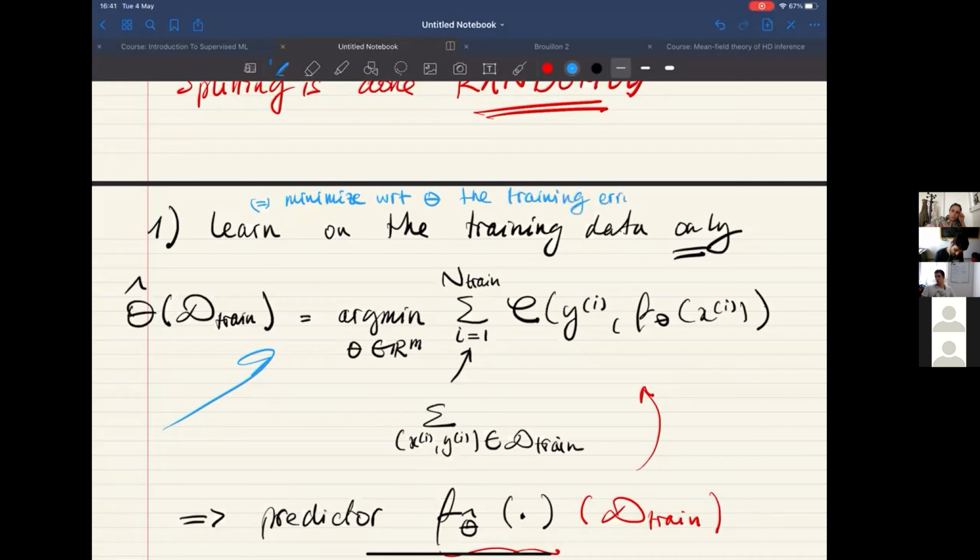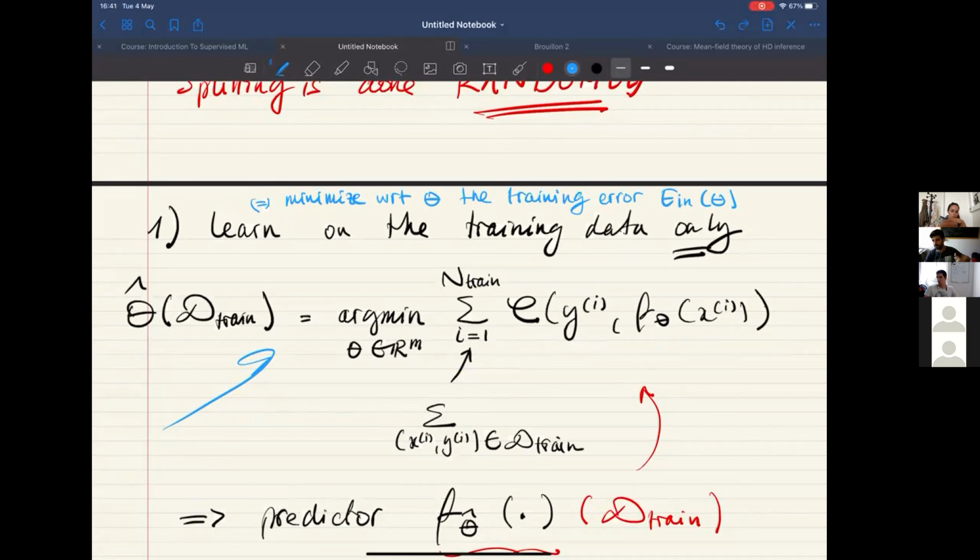If I see this training error as a function of theta, that would be that function. So learning is about minimizing the training error.